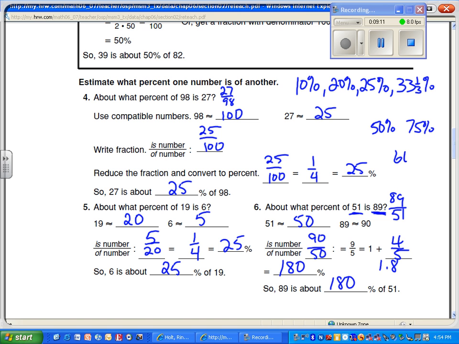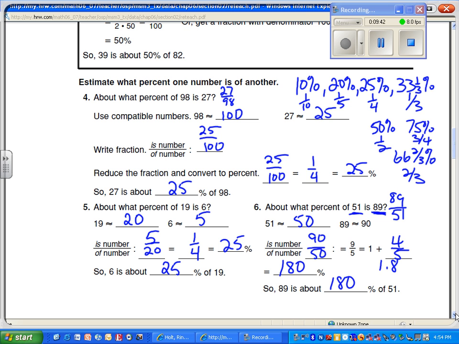Oh, don't forget the 66 2/3%, and I'll show you why here in just a minute. 10% is 1/10, 20% is 1/5, then we have 1/4, this is 1/3, that's 1/2, that's 3/4, and that's 2/3. If you've got those common percentages that go with those common fractions, it makes it real easy to do in your head. Much better than the numbers that they originally give you.